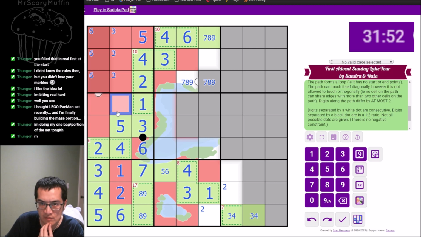I had somewhat ended up with a 7 here. I think that might be where the problem started, because I had put down numbers thinking that it can go this way. And then that's where I ended up with a 7. So I think that's where I made the mistake.